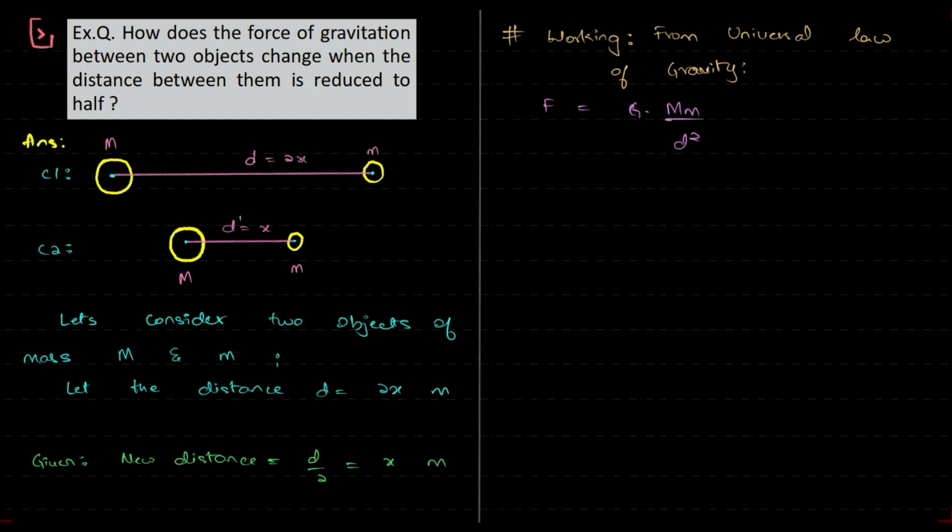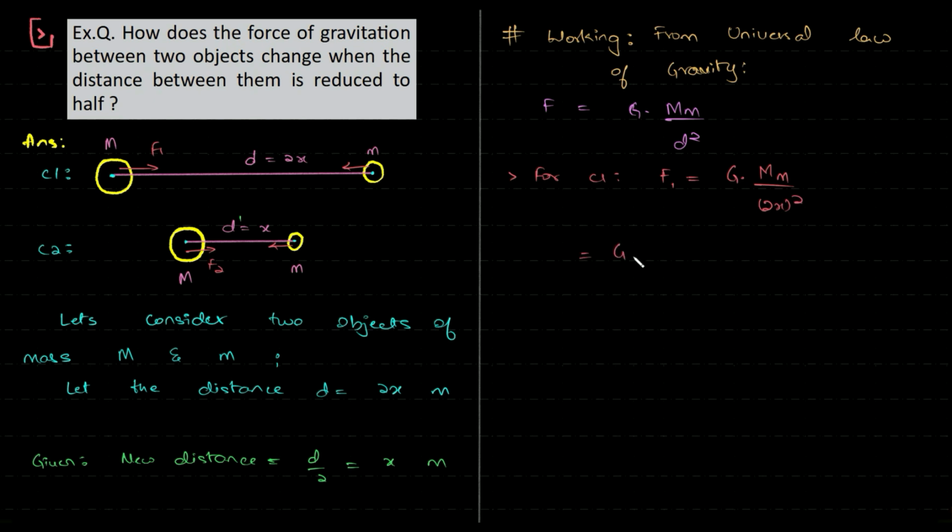So for case 1, we have F, which we can take as F1. I'm talking about this as F1 and this as F2. So F1 is equal to G M m by 2x the whole square, right?